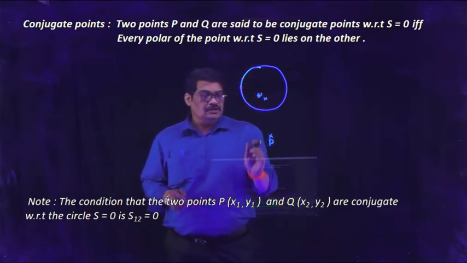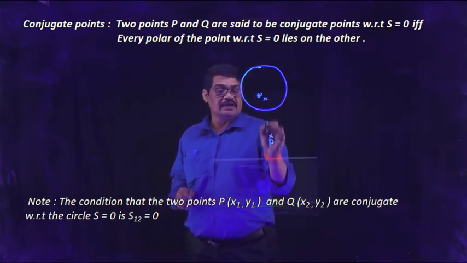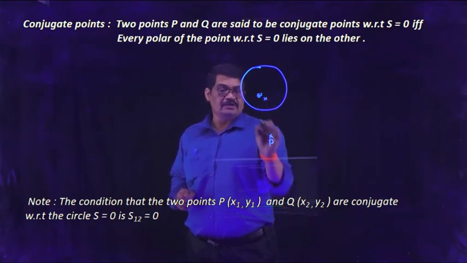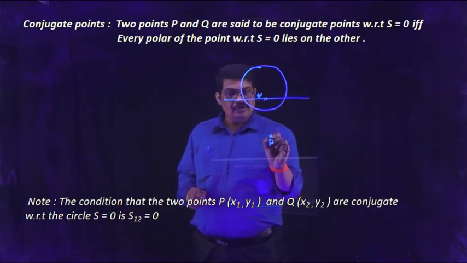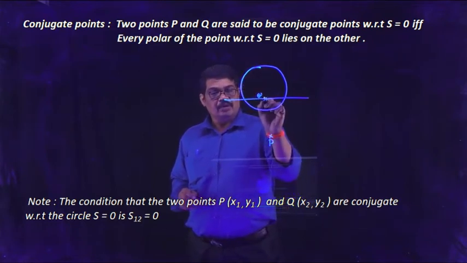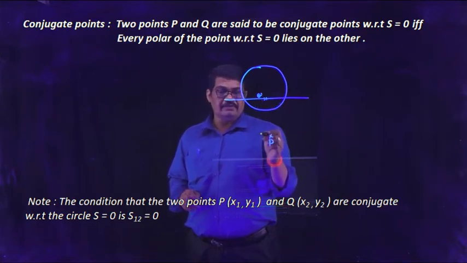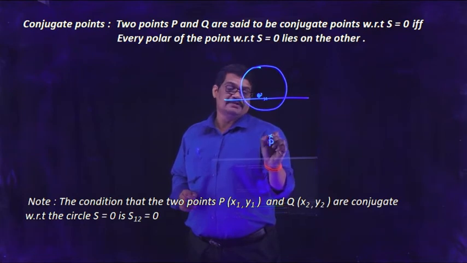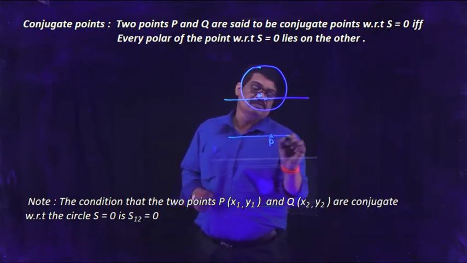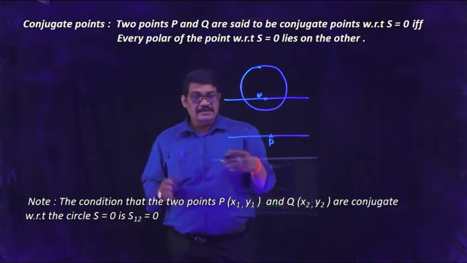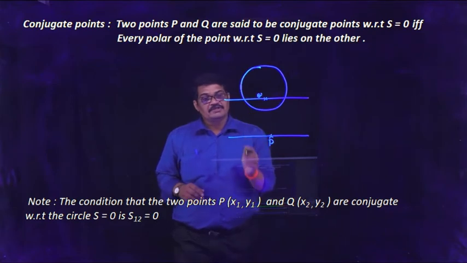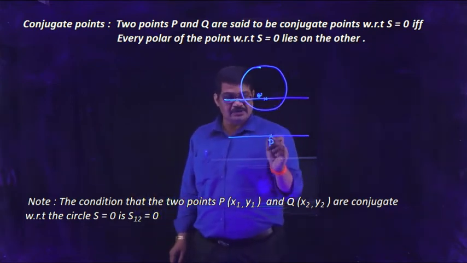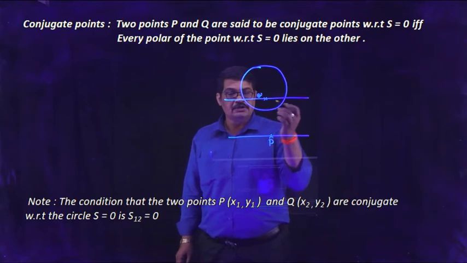That is, the point Q lies on the polar of P. Now we are writing the polar of P with respect to the circle; Q lies on this polar of P. In a similar way, the point P lies on the polar of Q. Now each point lies on the polar of the other. That is the definition. Then these two points are said to be conjugate points.